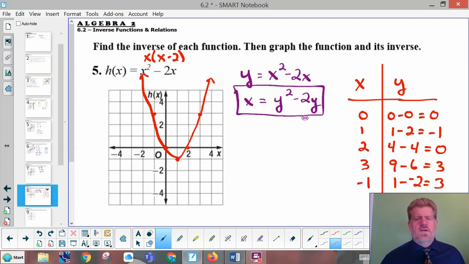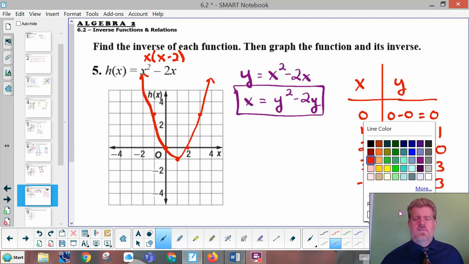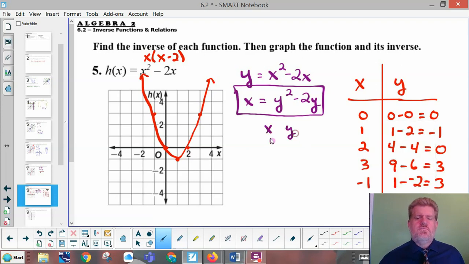Well, here's my equation, but I've already figured out my points. Let me just use the points in reverse. All right, so here's the inverse. This is almost good. Almost. I'm just going to do this.